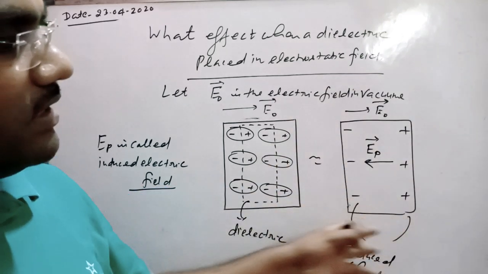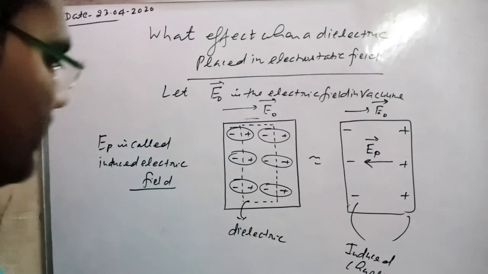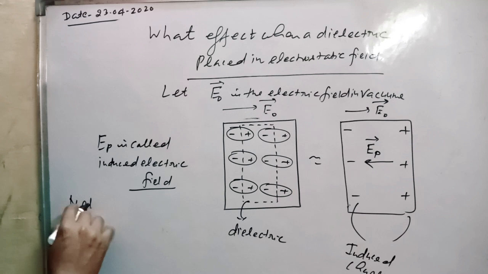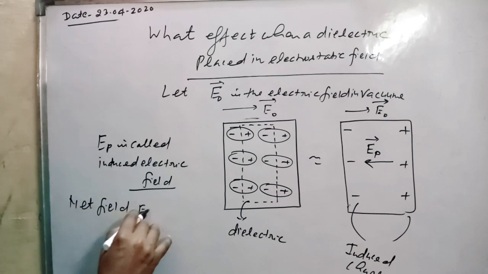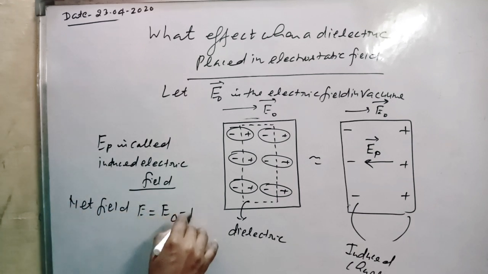Then what is the effective field or net field here? The net field is equal to E naught minus EP.